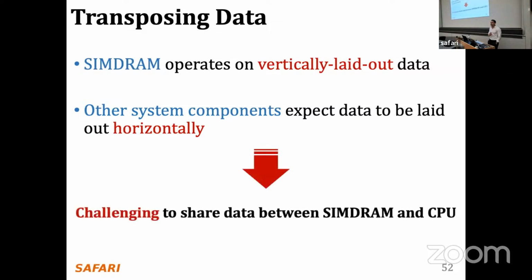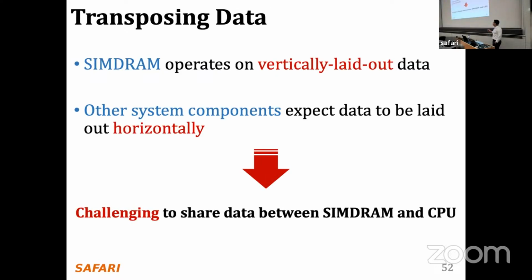But at the same time, you don't want to store all of your data in a vertical data layout in the system. There is a reason why we store data for the CPU in a horizontal data layout, because we want to exploit the memory-level parallelism of your DRAM module. So we don't want to break that abstraction as well.